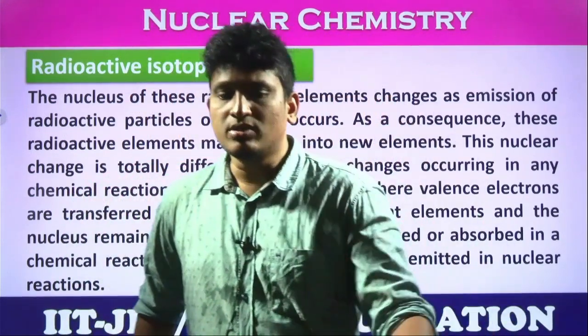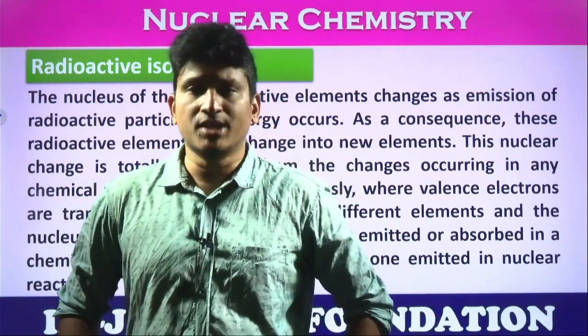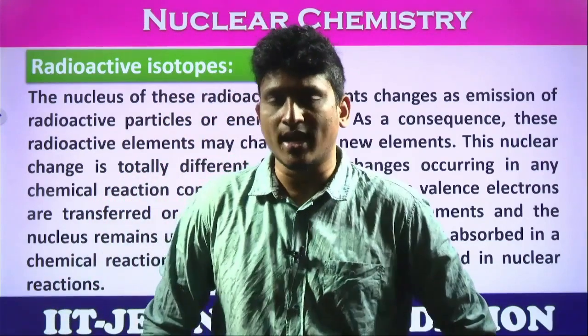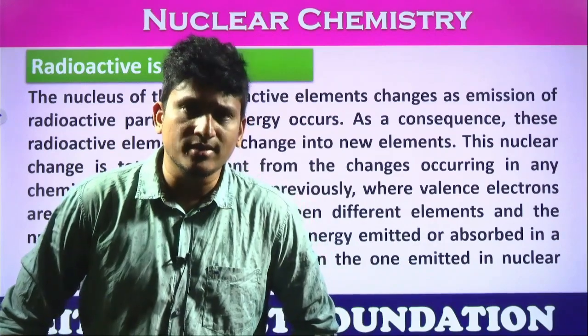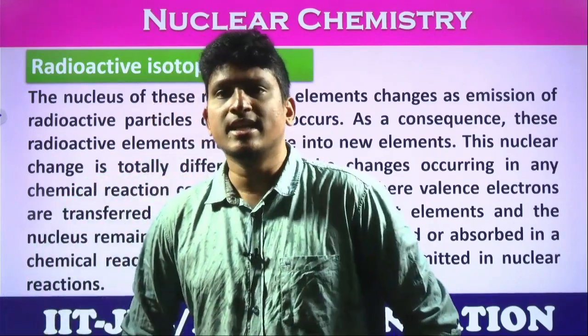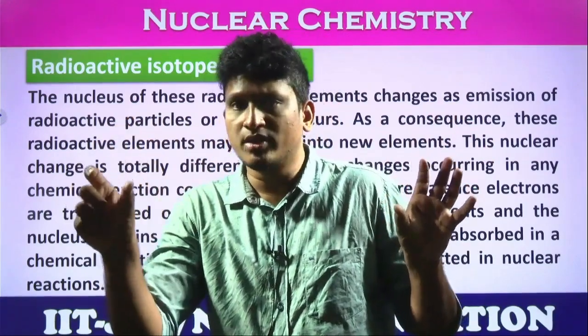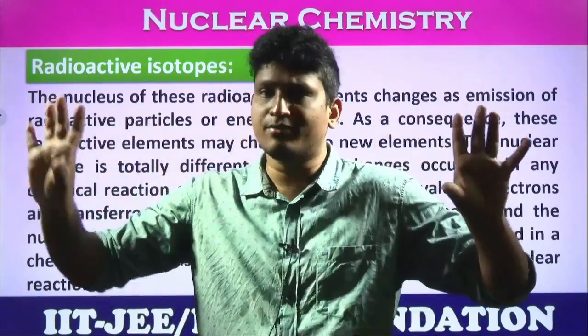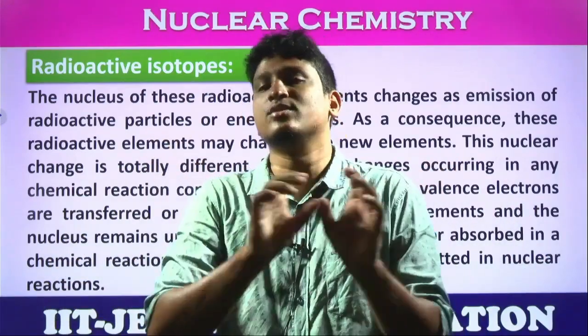Electrons. Is there any change in the nucleus? No. Hydrogen gas reacts with oxygen gas and produces H2O, water. Is there any change in the nucleus of hydrogen in water? Is there any difference between the hydrogen atom and the hydrogen atom in the water molecule? No. As a whole, it's a different molecule, that's okay, but at the nuclear level, there is no change.